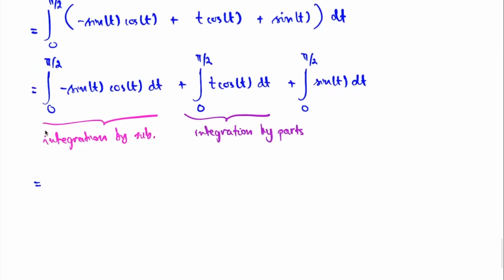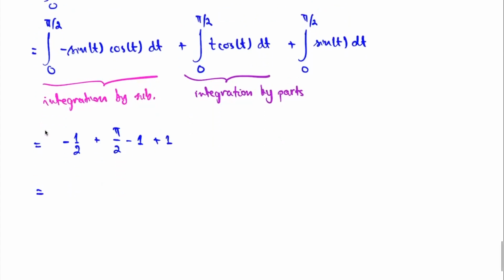The first integral will give you negative 1/2. The second integral will give you pi over 2 minus 1. And the last integral gives you positive 1. Altogether, the result is pi over 2 minus 1/2.